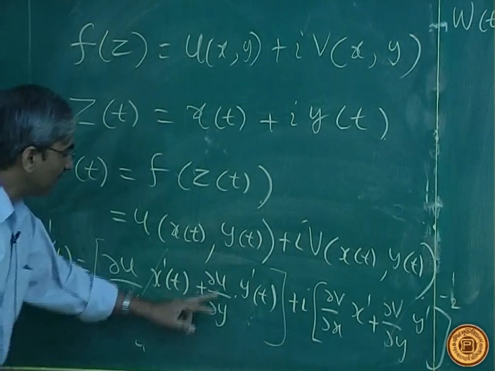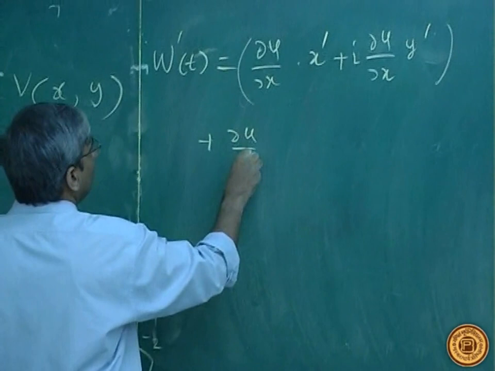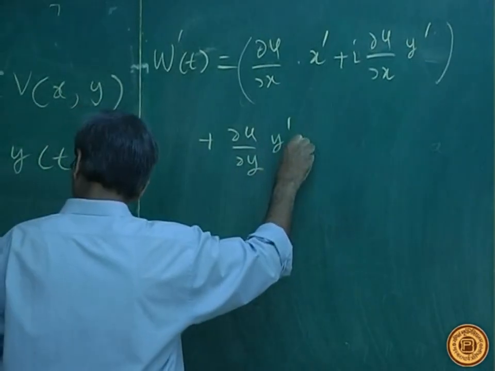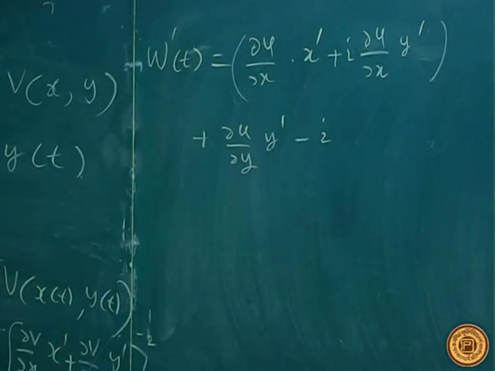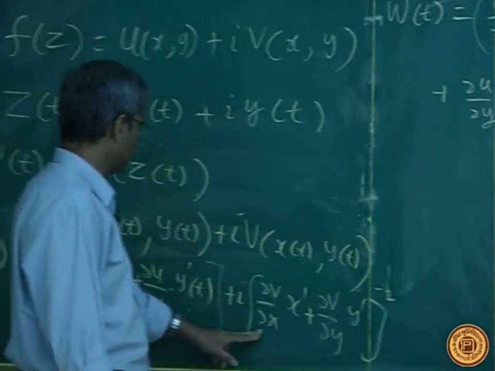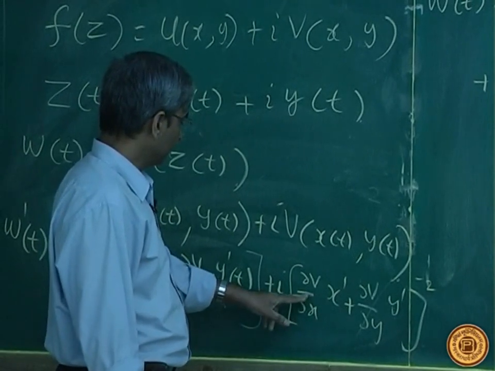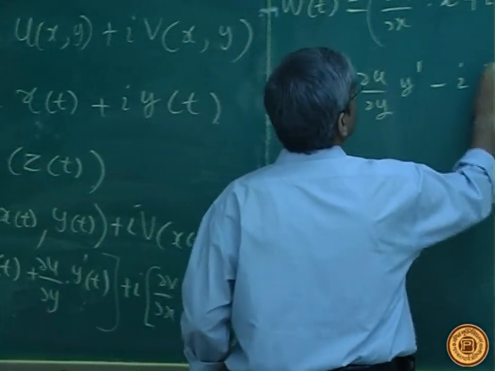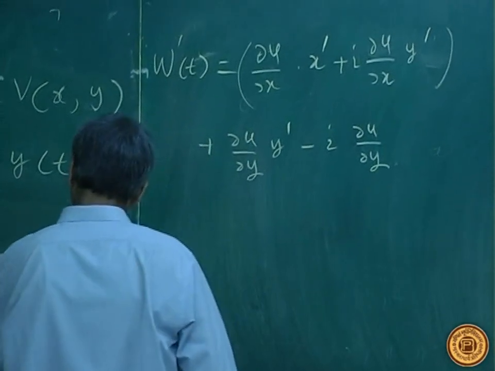Now ∂u/∂y, so plus ∂u/∂y, y prime, minus i times, because ∂v/∂x is minus ∂u/∂y. So minus i times ∂u/∂y into x prime.